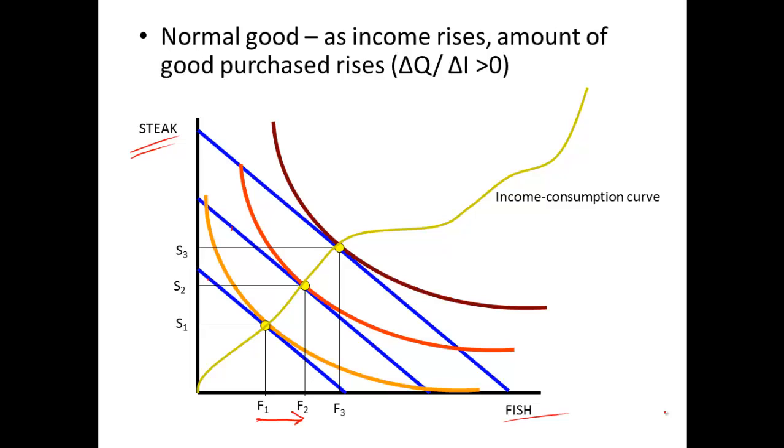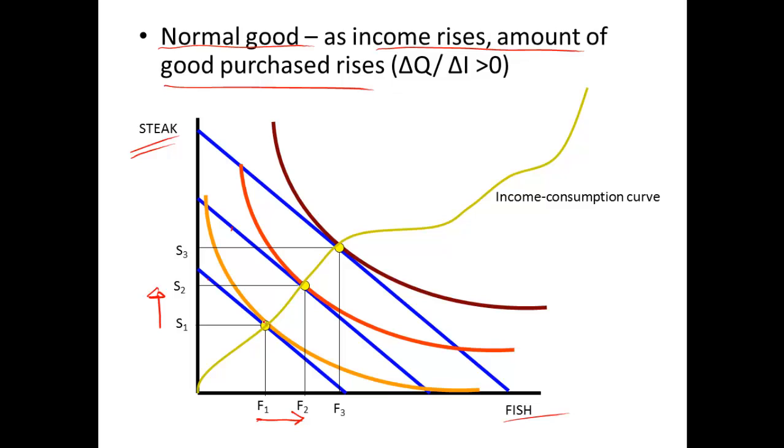As income rises from the lowest budget constraint to the second one, the quantity of steak chosen increases from S1 to S2. So what is that illustrating? Well, as income rises, the quantities of F and S consumed both rise. So in this diagram we would call steak and fish both normal goods. They're goods where as your income rises, the amount of the good purchased rises.